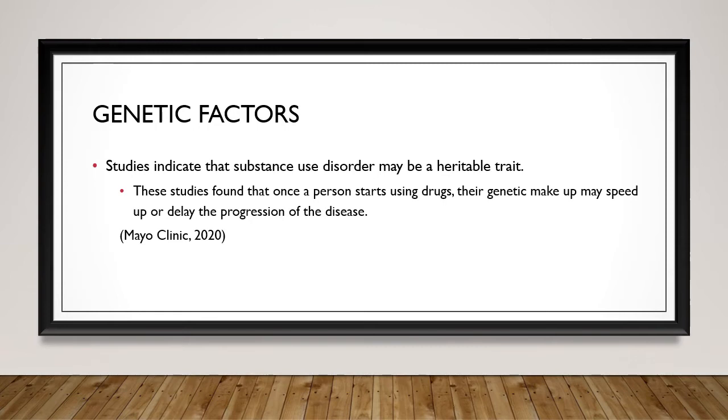Or on the other end, it might slow down the progression of the disease, and that person who has a slower progression, they're less likely to develop substance use disorder because of what their genes are saying.